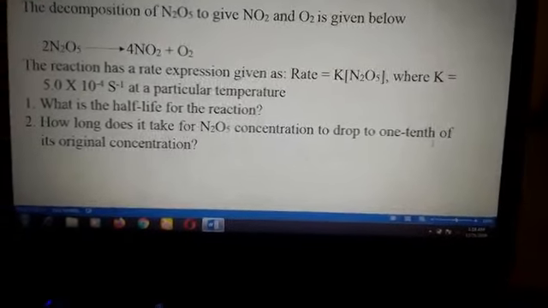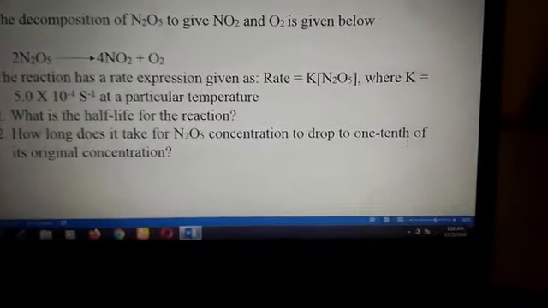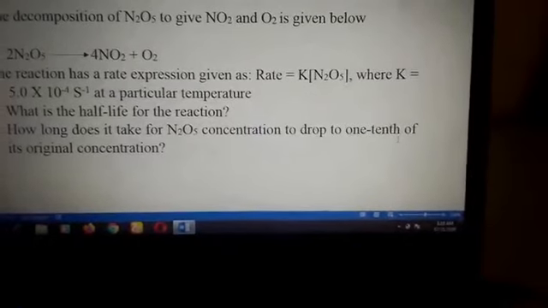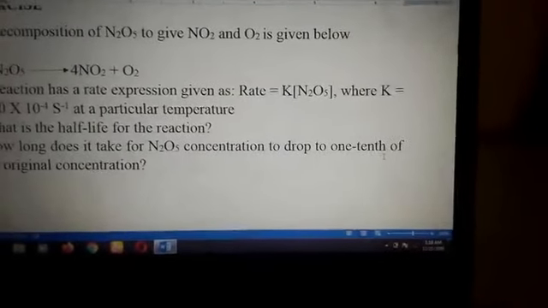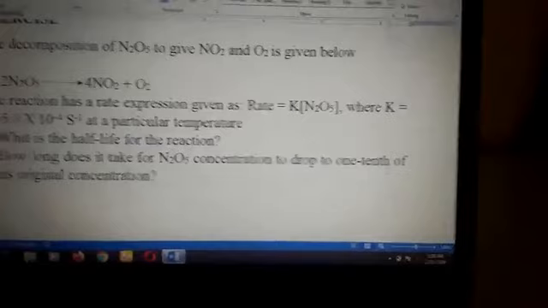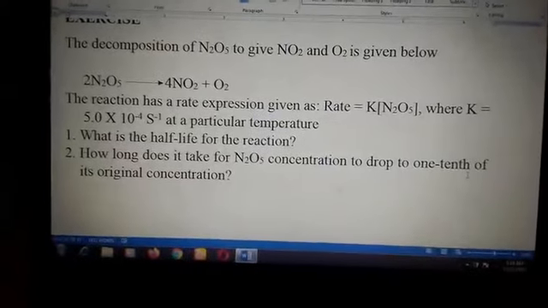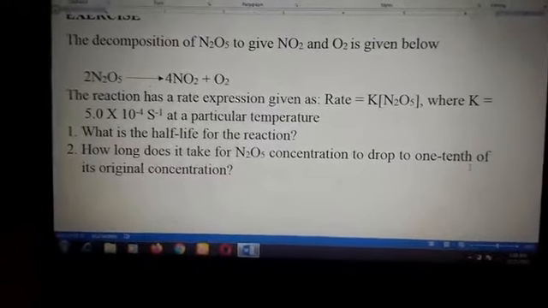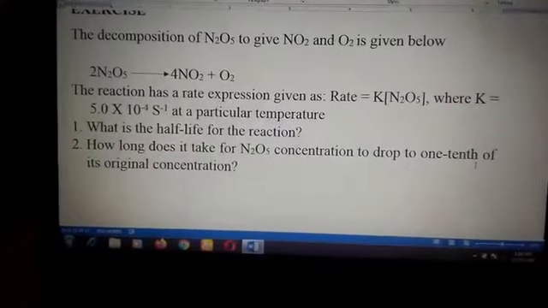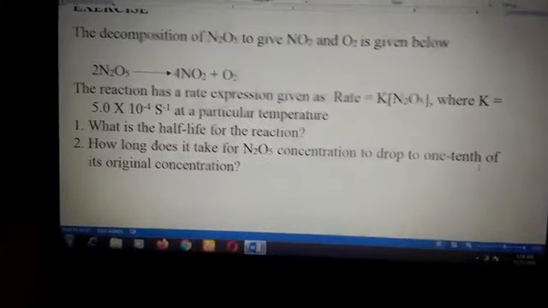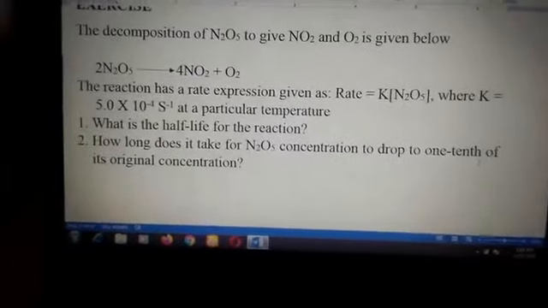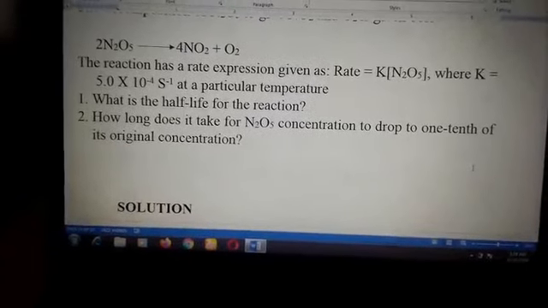If you look at the rate equation, that reaction is first order because N2O5 is raised to power 1. After the bracket, the power on it is 1. Where k, the rate constant, equals 5.0 times 10 power minus 4 per second at a particular temperature.